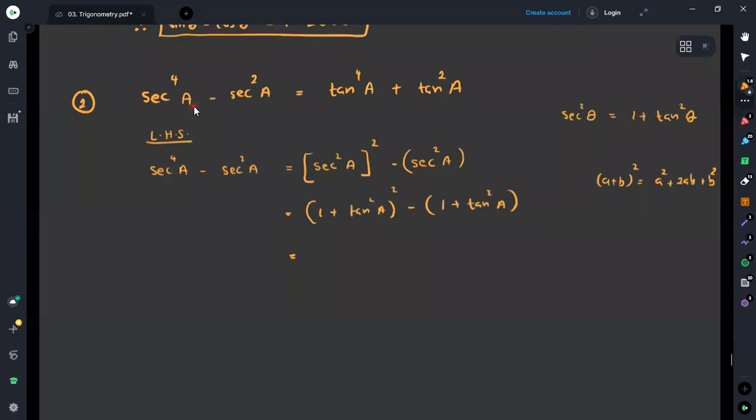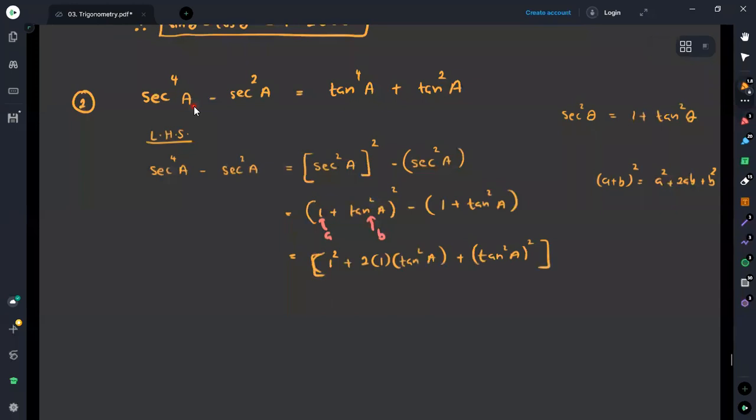Then a squared is 1 squared, plus 2 times a times b, which is 2 times 1 times tan squared a, plus tan squared a to the power 2. This is what we have for the first bracket.